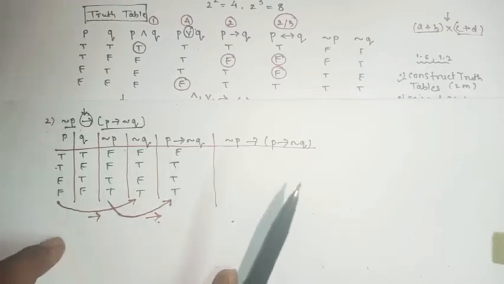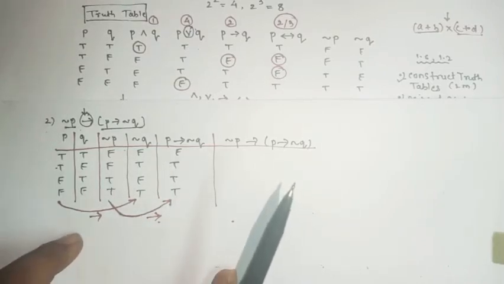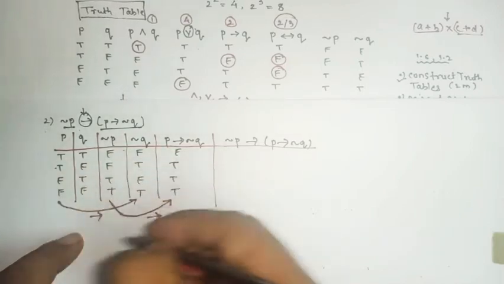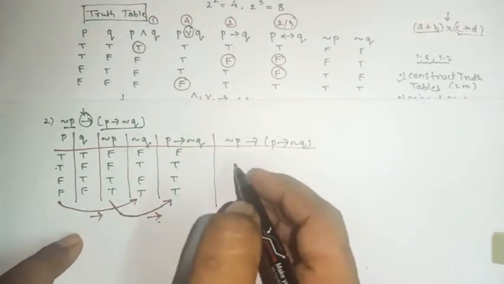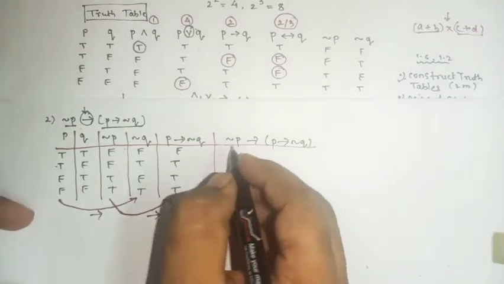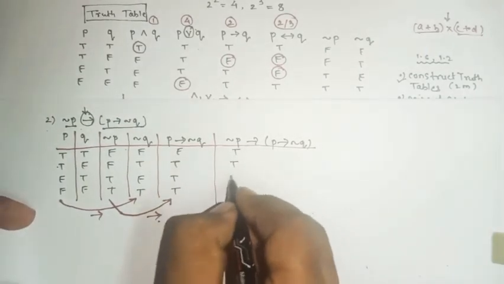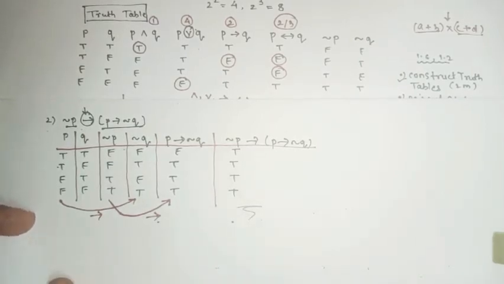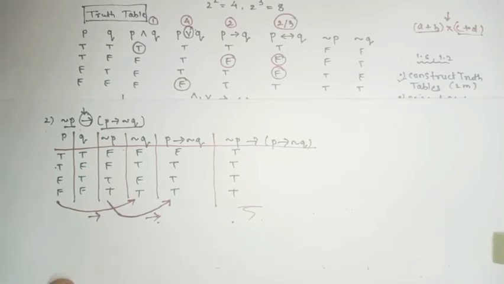Yes or no? Understood? Got the point? True to false. So is there true to false? No. So the final answer will be what? True, true, true and true. That's it. Understood? Any doubt?